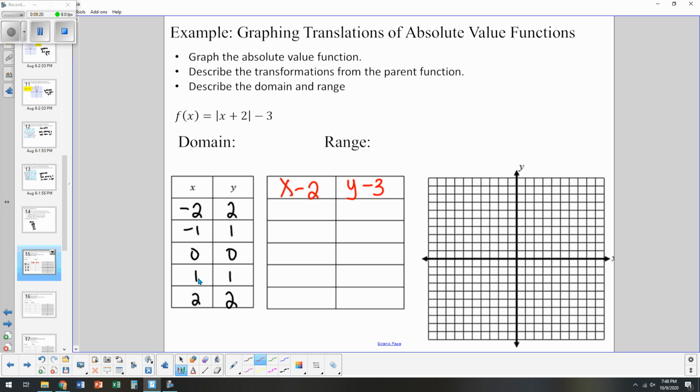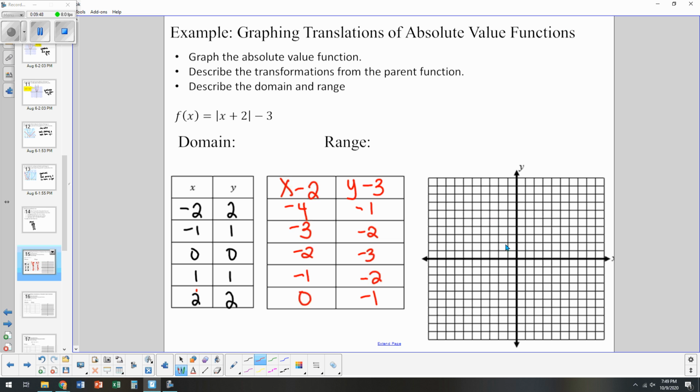So that means we're going to take every number in my x column and I'm going to subtract 2 from it. So we get -4, -3, -2, -1, and 0, right? -2 minus 2, -1 minus 2, 0 minus 2, 1 minus 2, 2 minus 2. And now I'm going to take every value in the y column and subtract 3. So we get -1, we get -2, -3, -2, -1.